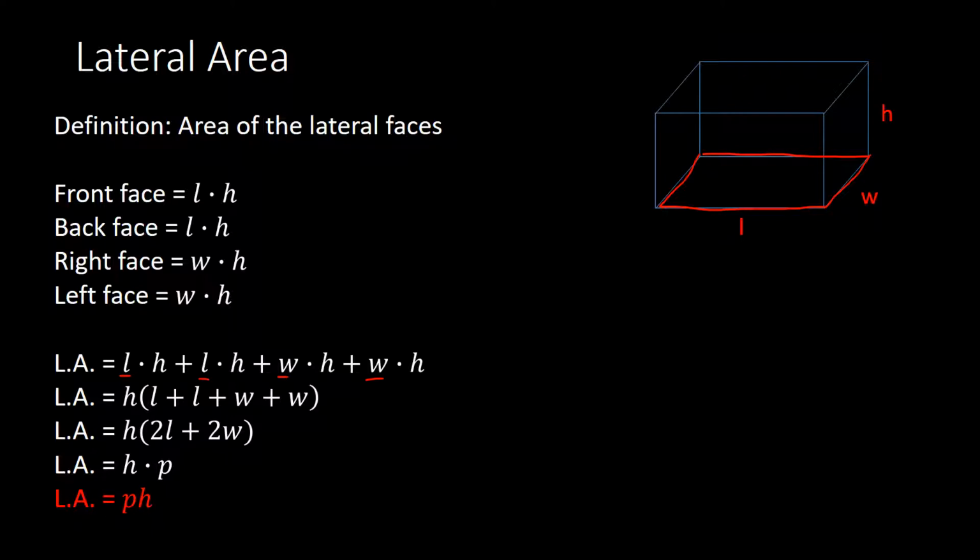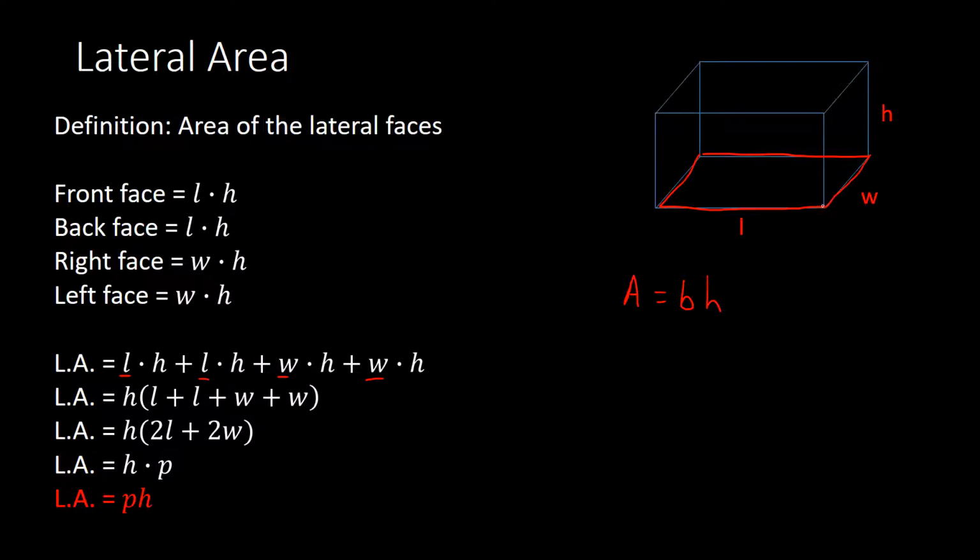And another way of maybe thinking of this is we have the four rectangles, and we know the area of a rectangle is base times height. And we have four rectangles in this picture for the lateral faces. We have the left, right, back, and the front. And instead of doing each rectangle separately, what we are doing is we are doing them all at one time.